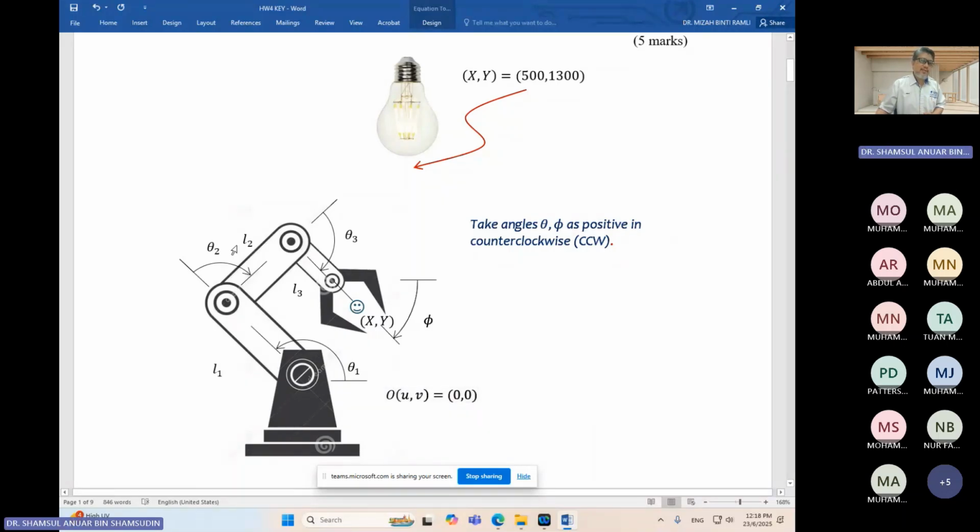Tapi for the other links yang bergerak-gerak tu, dia susah untuk kita measure that from the ground. So that's why we have to measure from the previous link. So that will make it a relative angle, bukannya absolute angle.